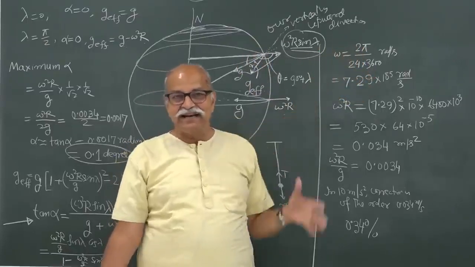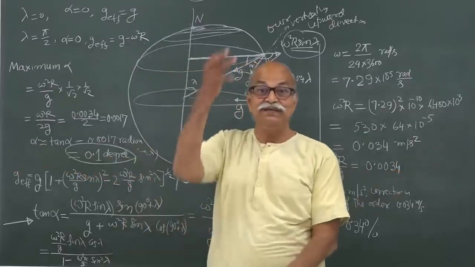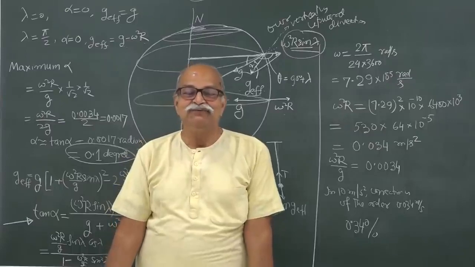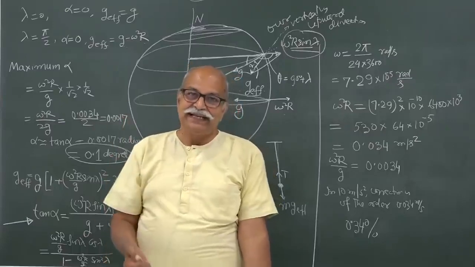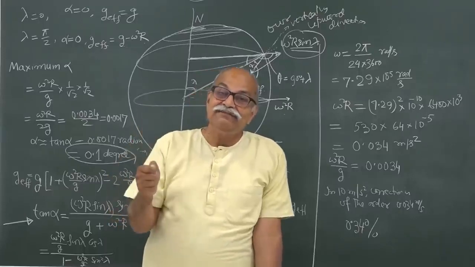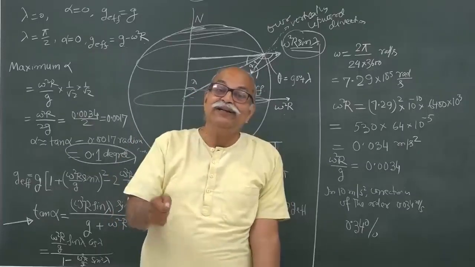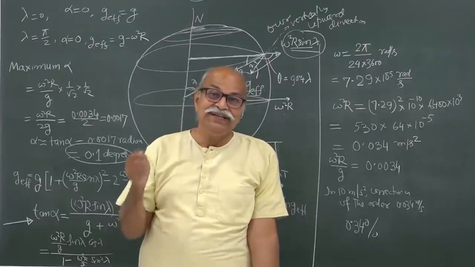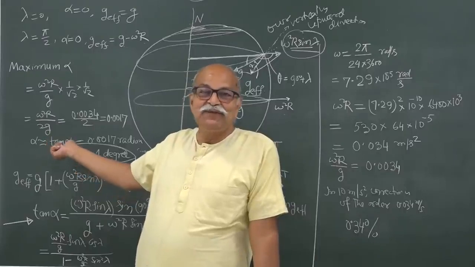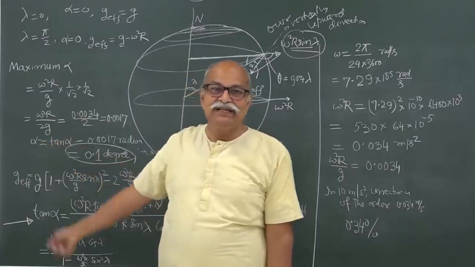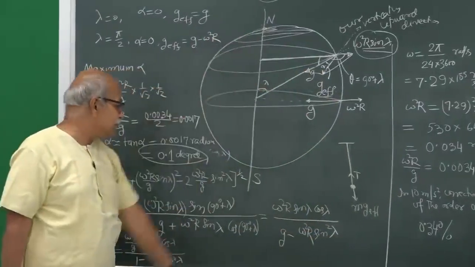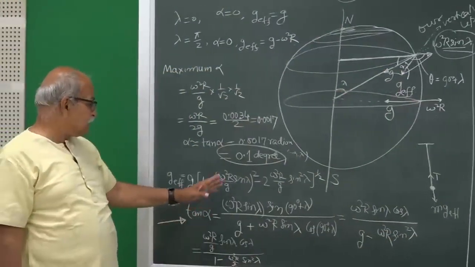So, it is not a great difference that we are not using the true vertical, but nevertheless, whatever we are using, we are using G effective, we are using the vertical, which is our vertical along G effective and not along G. Although the deviation is very small, maximum deviation is only 0.1 degree, and similarly the value of g also changes from pole to equator, and that also you can see from here.